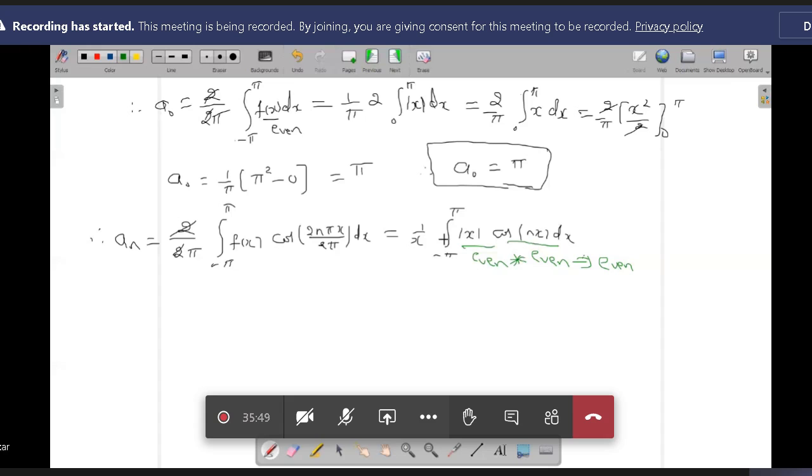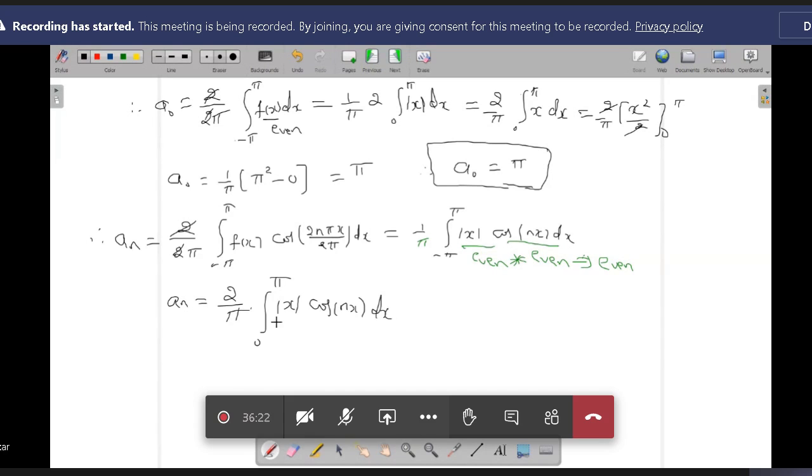So again I can make use of the properties of even functions to find the integration, and that is 2 times from 0 to pi. So therefore an is 2 divided by pi, integration from 0 to pi, mod x into cos nx into dx.